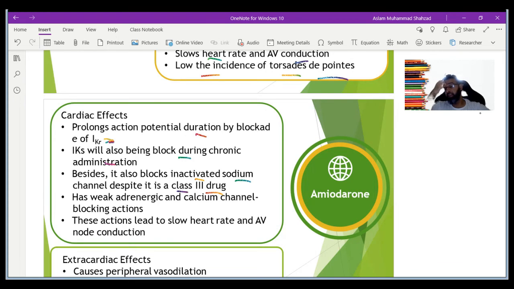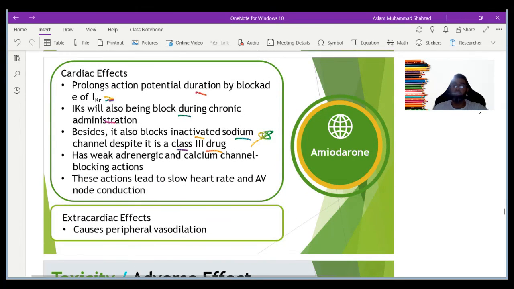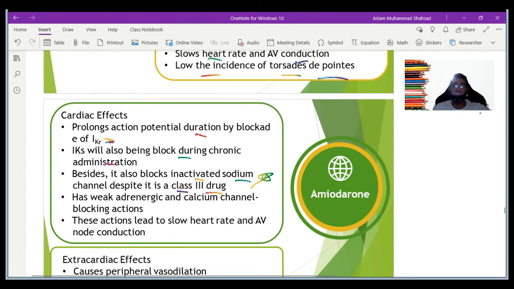So another very important thing about amiodarone is that it blocks potassium, but it also blocks sodium despite being in class 3. So this is very important. The reason why it blocks sodium is still not known, as it does not belong to the sodium channel blockers, and its main role is to block the potassium channel. It has weak adrenergic and calcium channel blocking action, and it is also responsible for slowing the heart rate and AV node conduction.